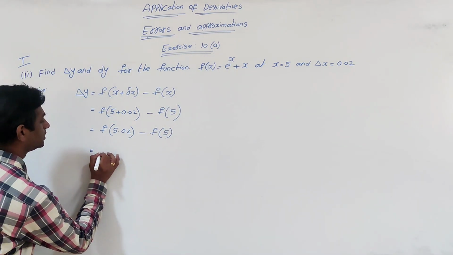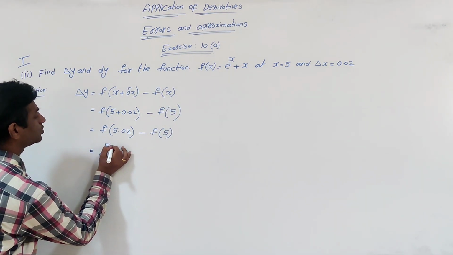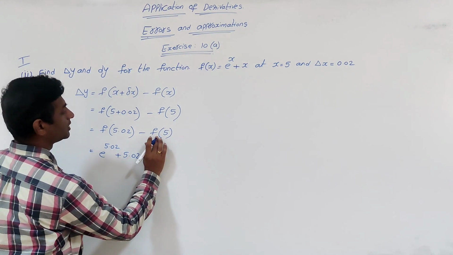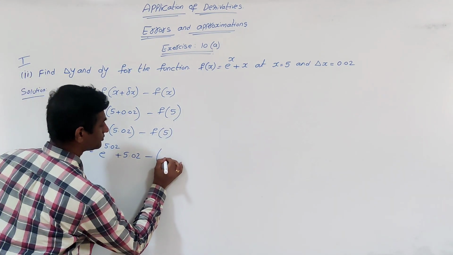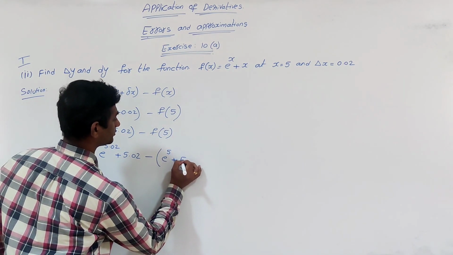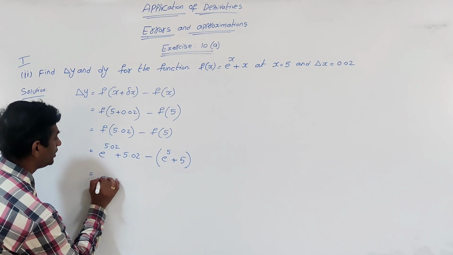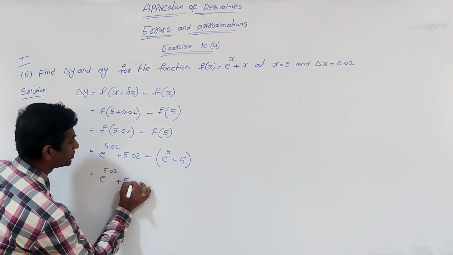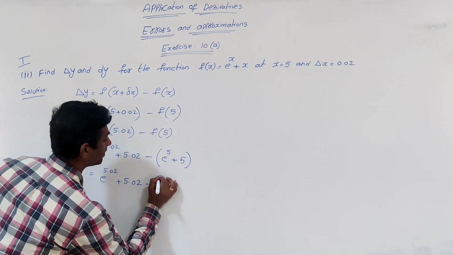That gives e to the power of 5.02 plus 5.02 minus f of 5, e to the power of 5 plus 5. So e to the power of 5.02 plus 5.02 minus e to the power of 5 minus 5.